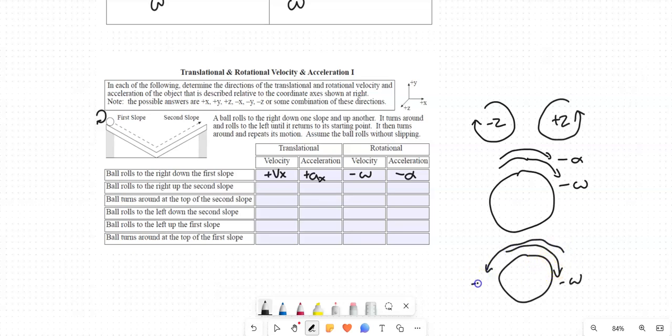So that's going to be a positive alpha, in the positive z direction. So on the second slope, as it's rolling up, it'll be slowing down as it's rotating clockwise. But it'll still be moving to the right, and accelerating to the left because it's slowing down as it's moving to the right up the slope.